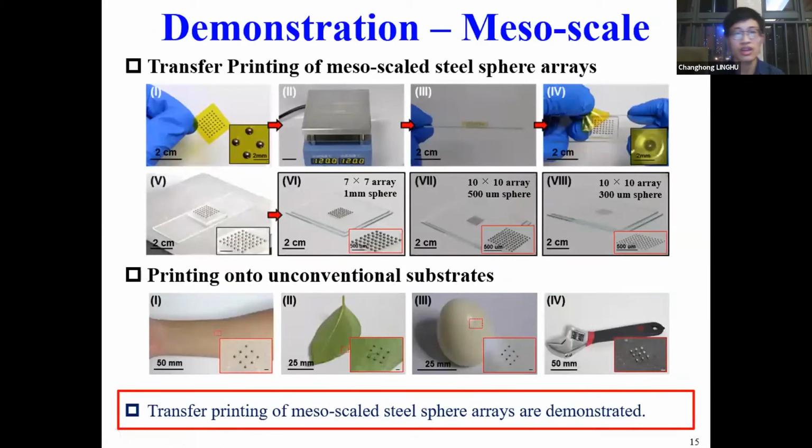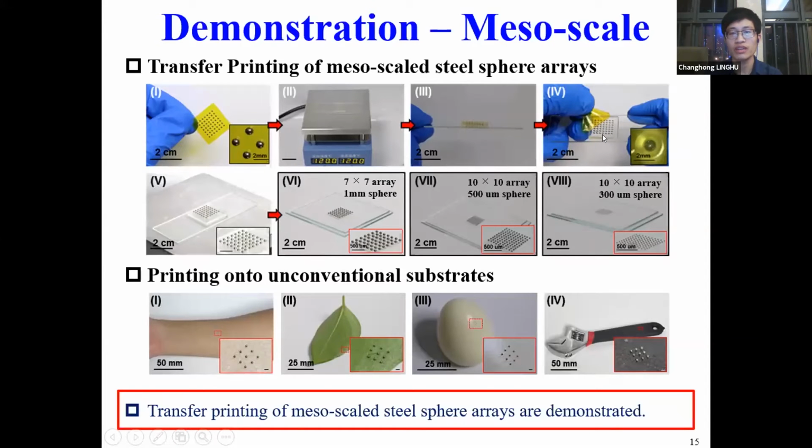And we can also scale the gripper down for the transfer printing of meso-scaled server arrays with very large quantities. Here we prepared the steel server arrays on the Kapton tape, and we embedded the steel server arrays into the SMP gripper and transferred them from the Kapton tape into the SMP gripper.